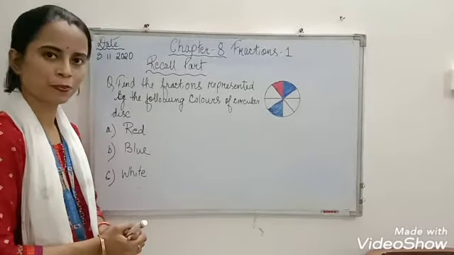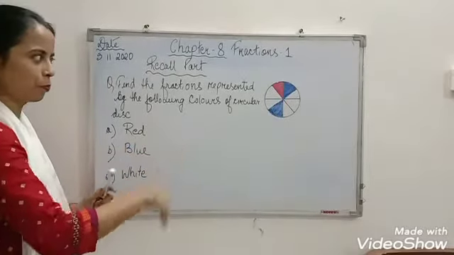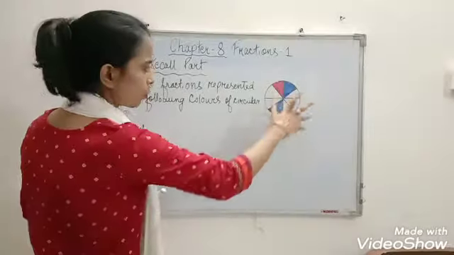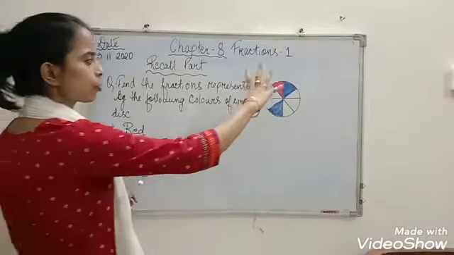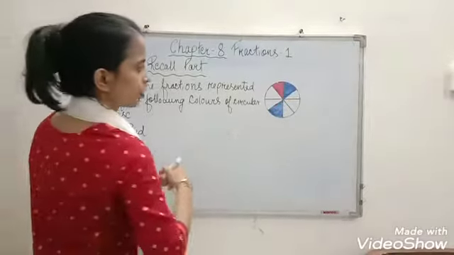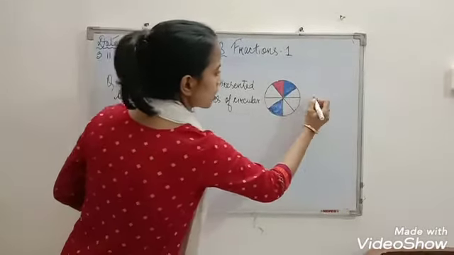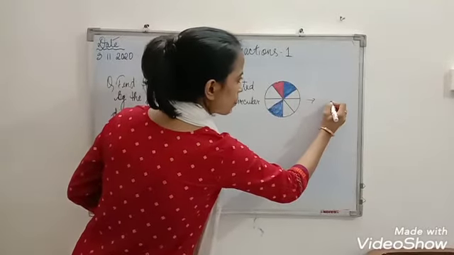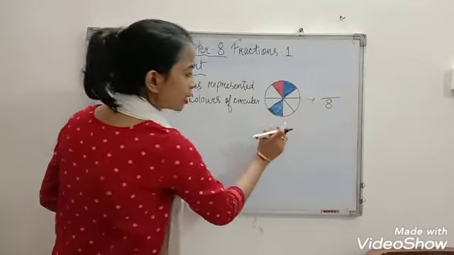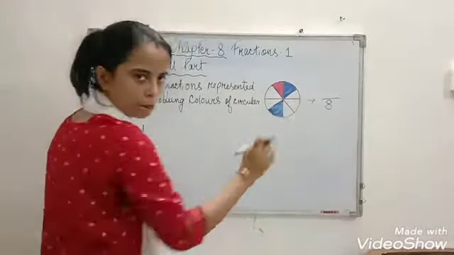Yes, children? Let me help you. This is what? A circular disc. And the circular disc is divided into how many parts? 1, 2, 3, 4, 5, 6, 7, 8. It's divided into 8. That means this whole is divided into 8 equal parts.